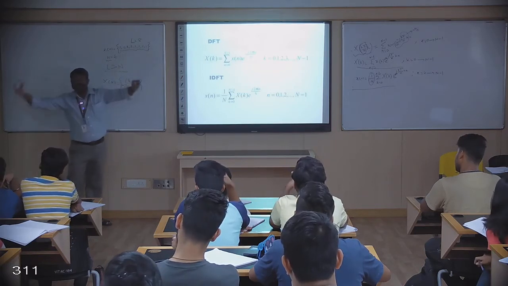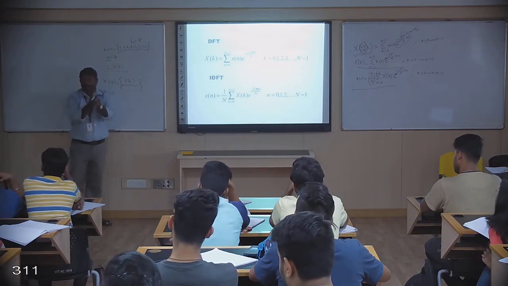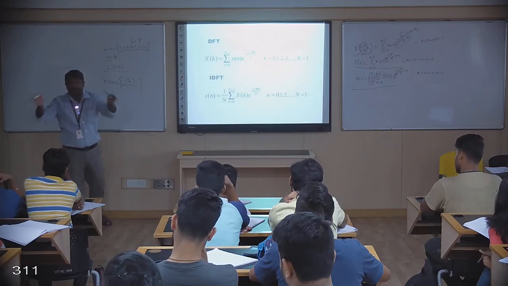So the next period will get overlapped with the first period. The first period is incomplete: you are not getting 8 values, you are getting 4 values.